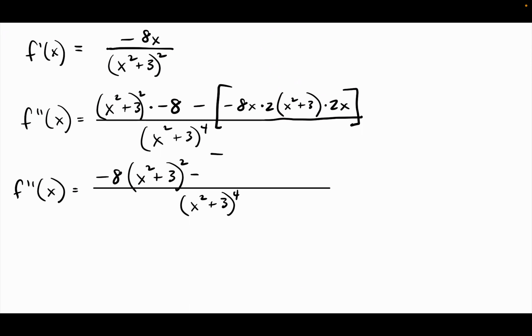Minus, and then on the inside I'm going to multiply all 3 of these guys. So it's going to be negative 32x squared, x squared plus 3. Distribute the negative, it would just be plus.